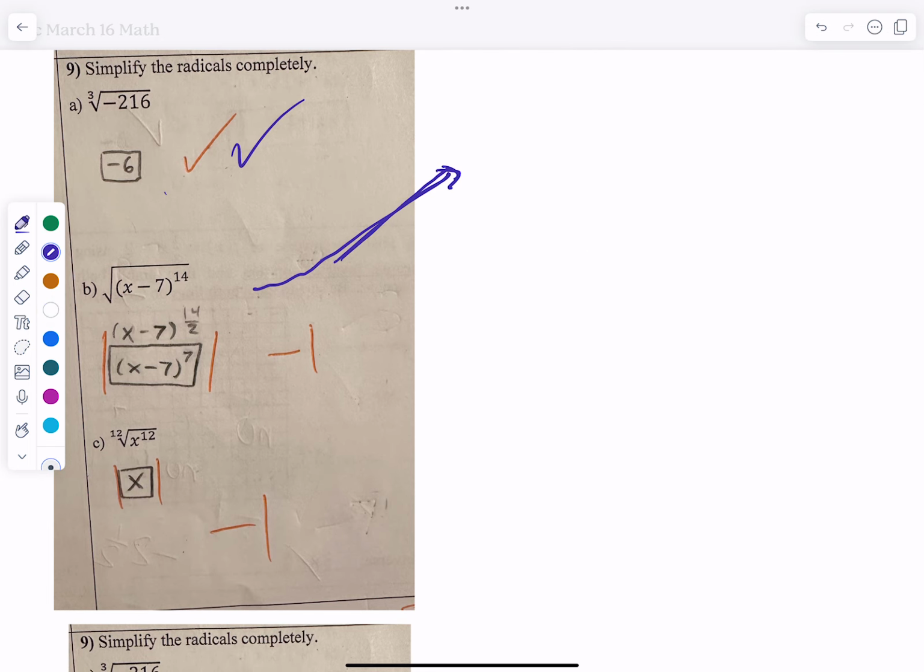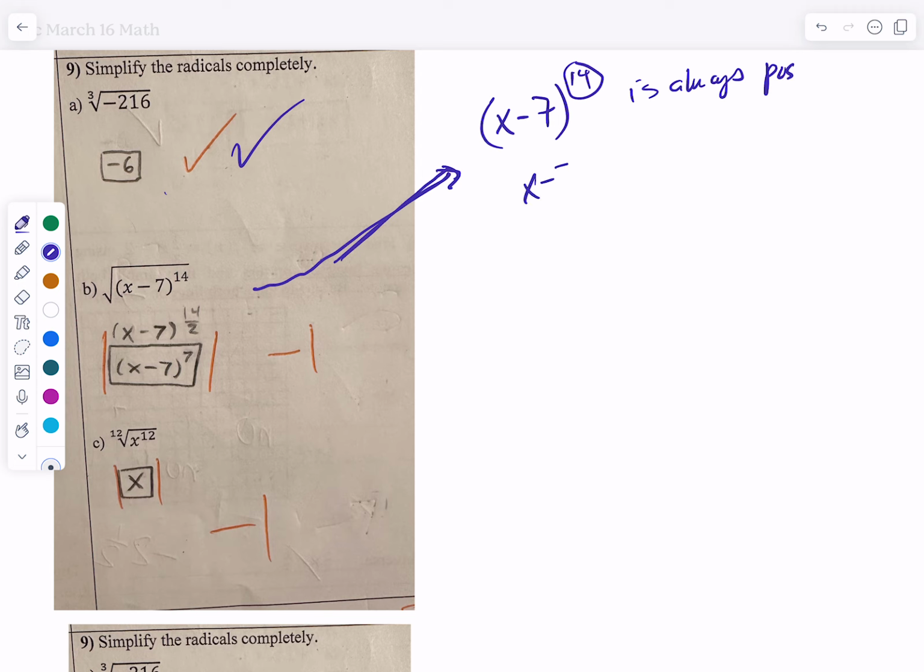Here, x minus 7 to the 14th is always positive, because this forces the answer to be positive. X squared, x to the 4th, x to the 6th, always positive.